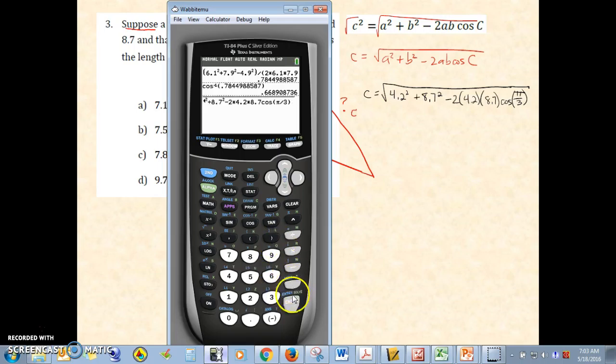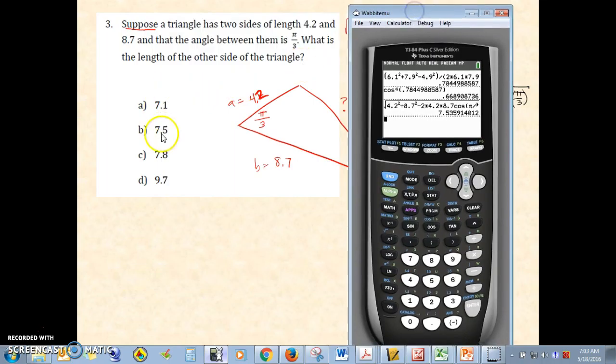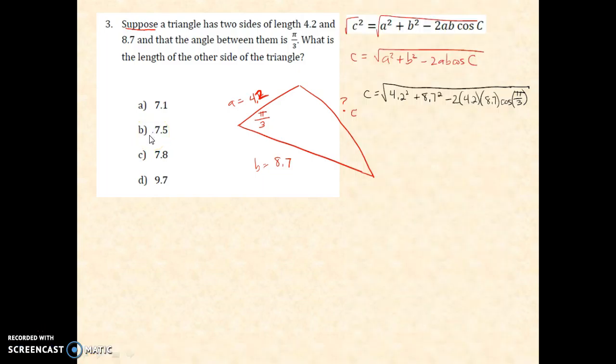Ding. Then I'm going to push enter, and it's going to tell me 7.53 stuff, which I believe would round to 7.5. And it does. That's comforting.